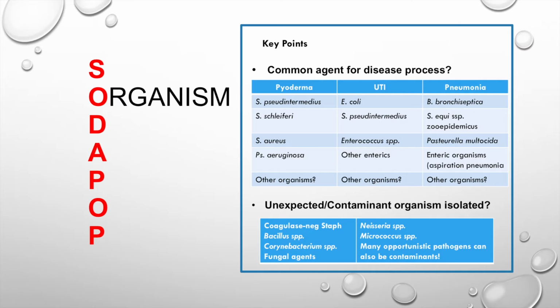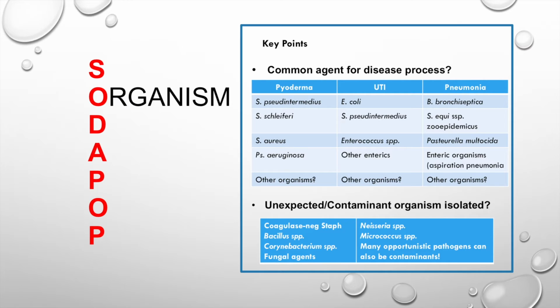A variety of other organisms have been reported to cause urinary tract infection in companion animals. In determining whether or not this organism is relevant for the disease, it should be considered whether or not a common agent was also isolated, the likelihood of contamination, and the quantitative results of the organisms within the urinary tract culture.